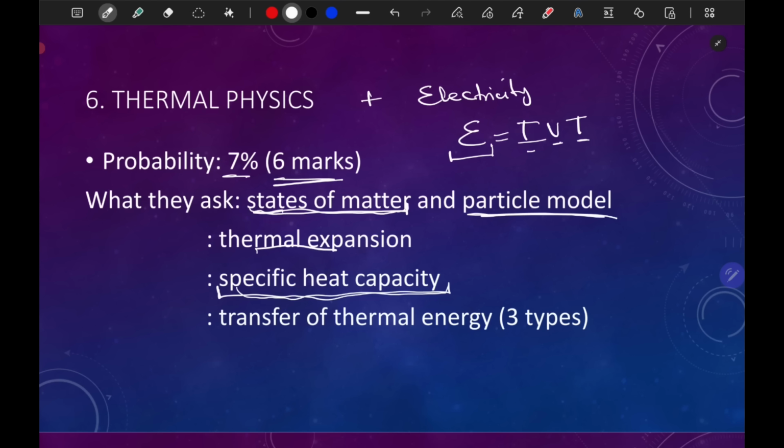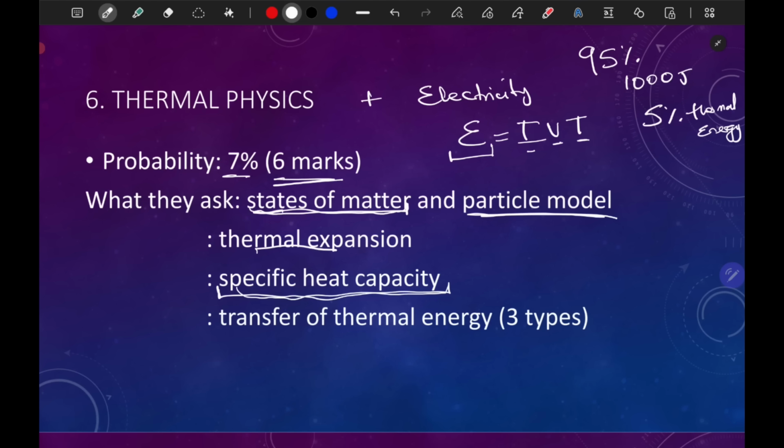Maybe they can give you the efficiency of a machine, let's say a 95% efficient machine producing electrical energy of 1000 joules. If it's 95% efficient, that means 5% goes to thermal energy. And they can ask you to calculate any of I, V, or t. So make sure you understand that.